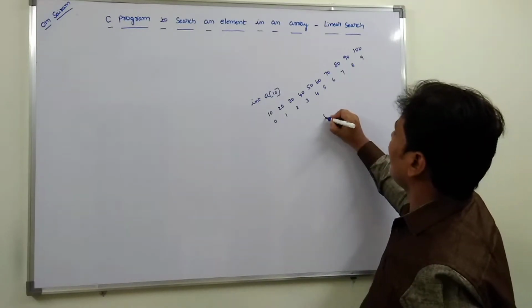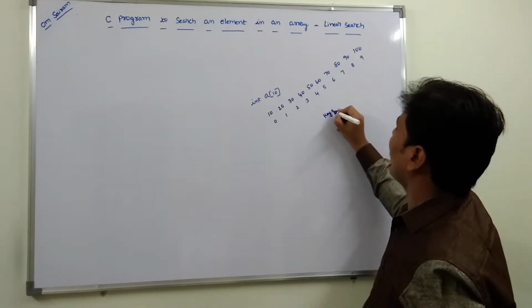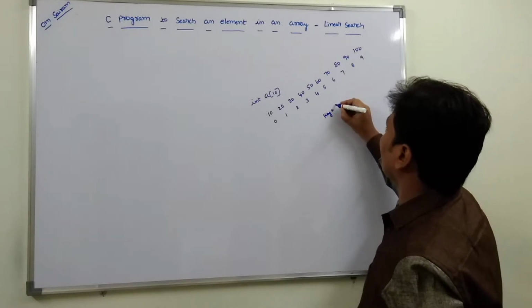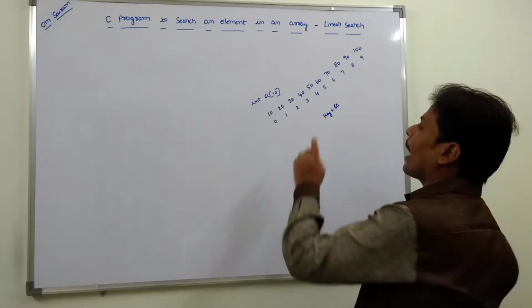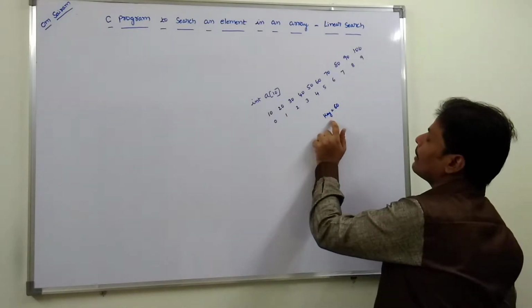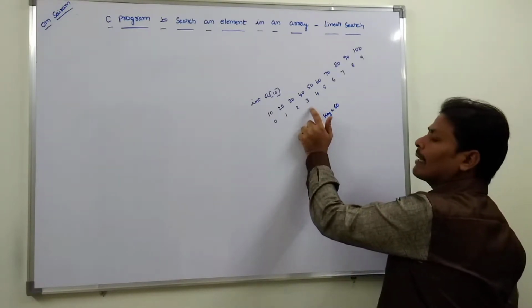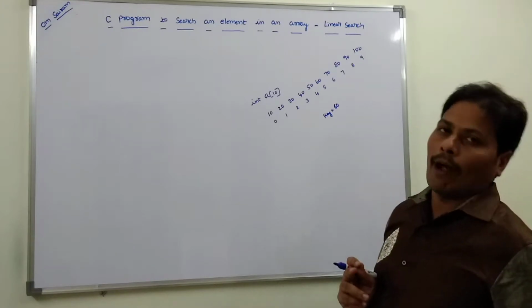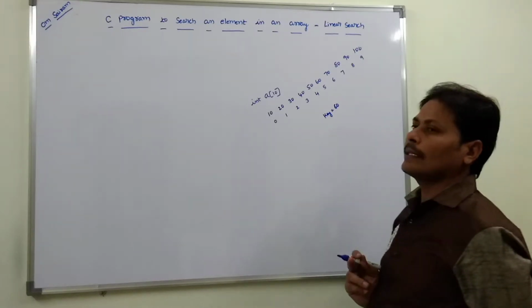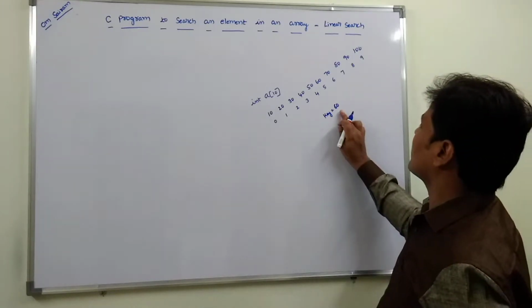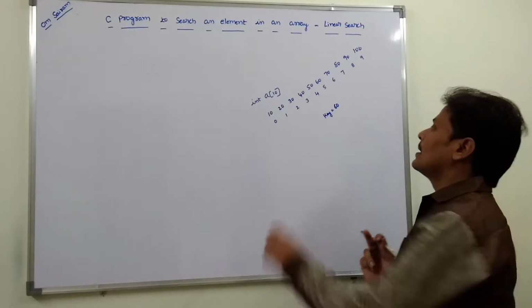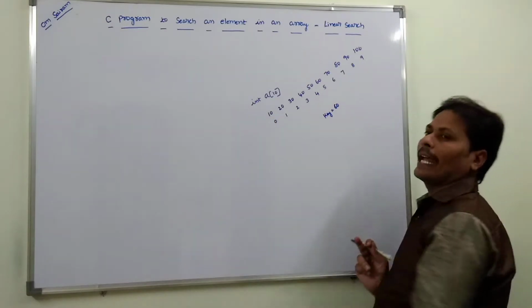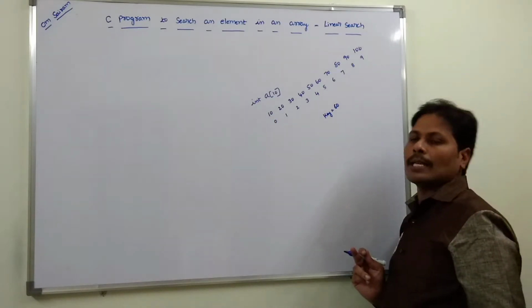So here we have to take a key element, and that key element is 60. Now we have to find out whether our key element is present in the given list or not. For that purpose, the logic is: 60 is compared with the first element in the array. 60 is compared with 10, does not match.